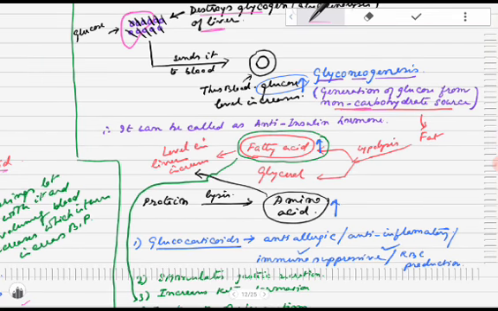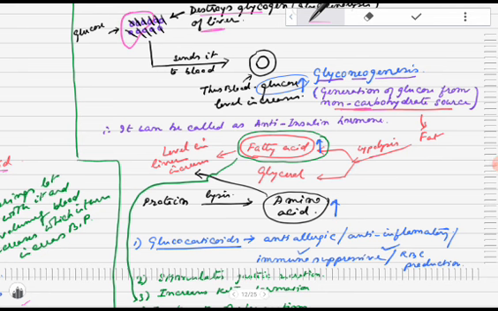Now this non-carbohydrate source, what happens? Suppose there is a fat, so lipolysis of fat takes place, and this fat is broken into fatty acid and glycerol.